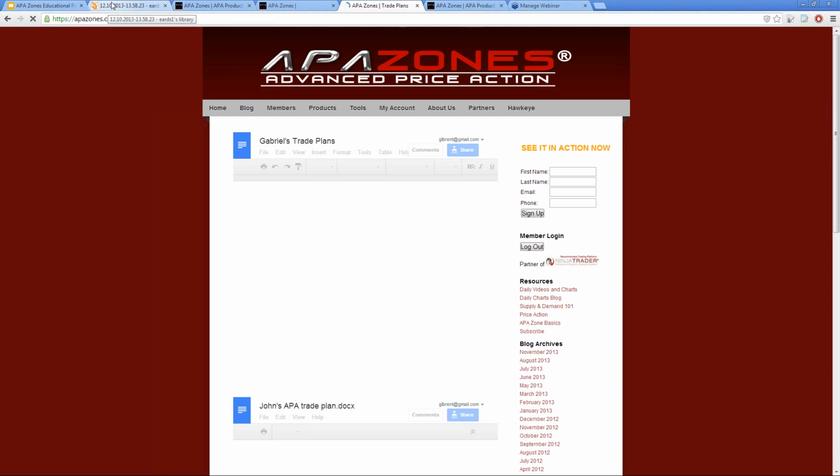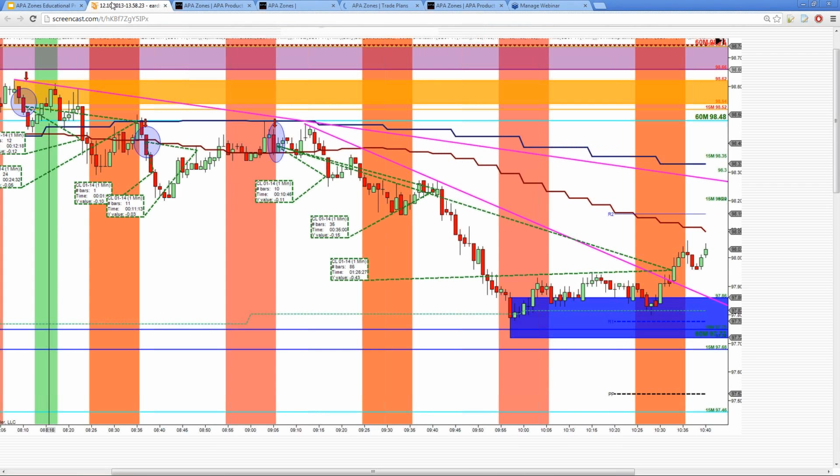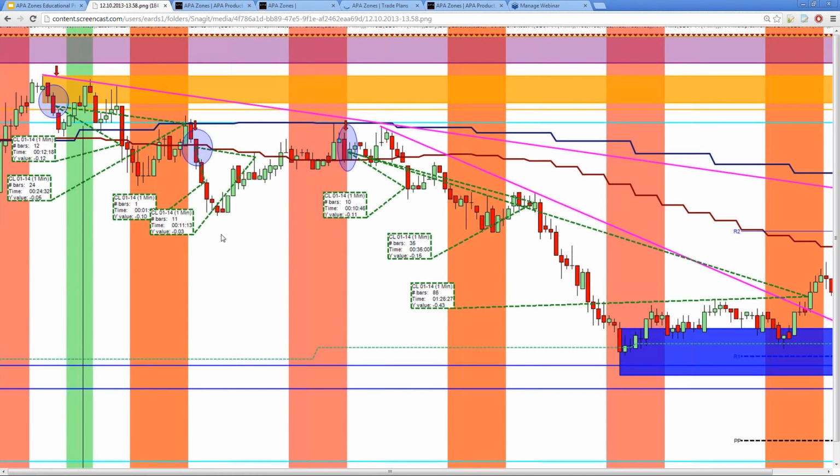Inside the Skype room, we do like to share a lot of trades. So here's some trades from one of our traders today. And you can see he has very colorful charts. He's using the APA time tool, and he's apparently painted his times like an orange and a red color, like a rose color or something there.